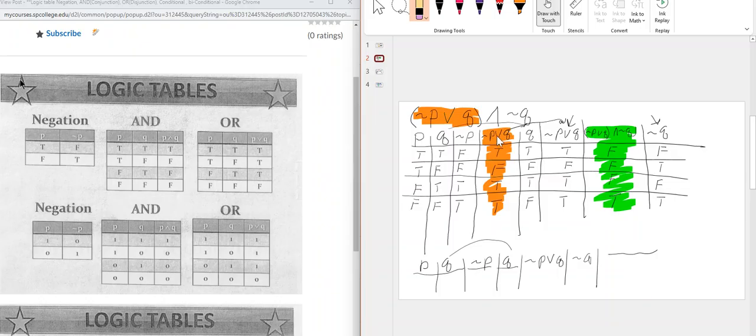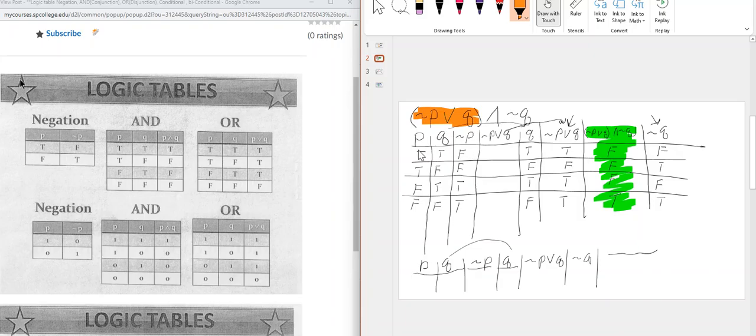And not P or Q. The only thing I'm going to write down at this point is the one that I know for or that is false, which is when they're both false. So I'm going to look for both false.